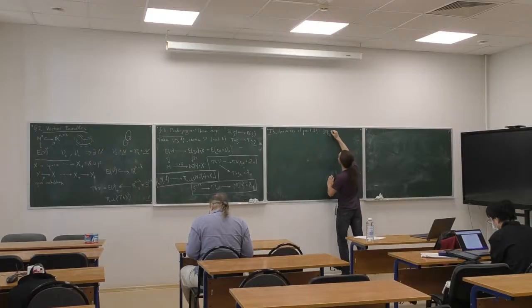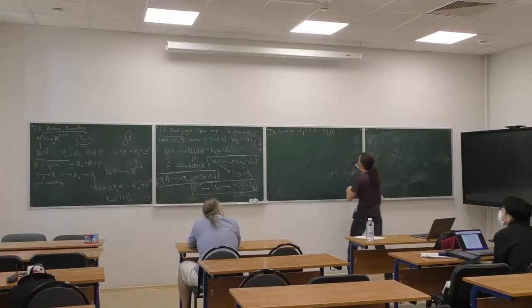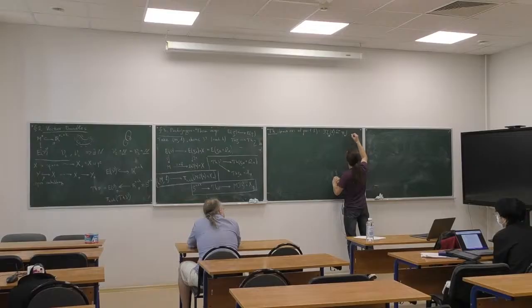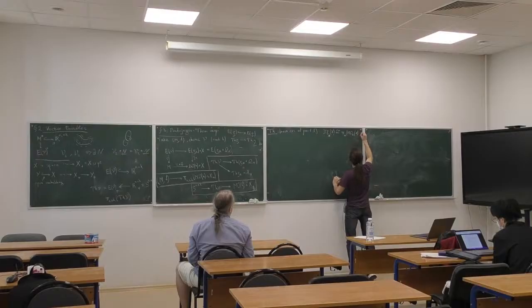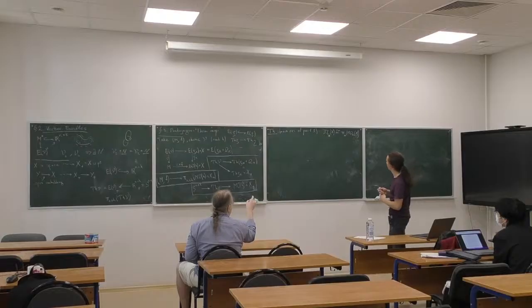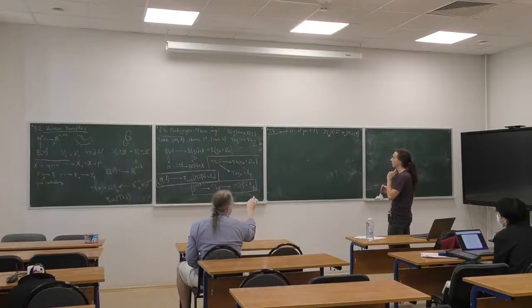the unoriented cobordisms of X are isomorphic to, well, let's put a star here. Or in other words, but we have not defined what this is.